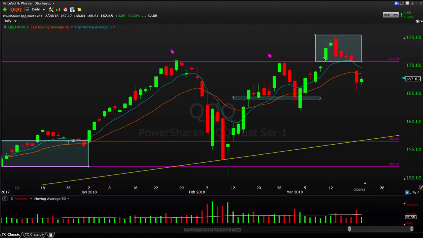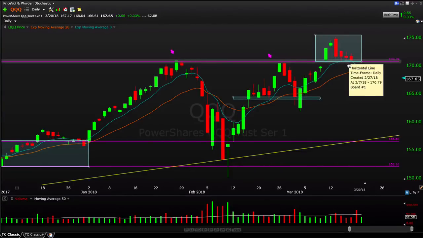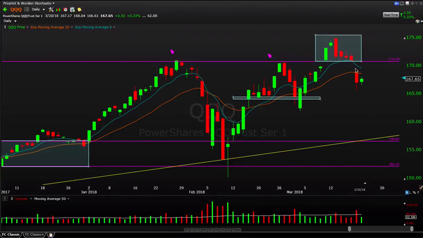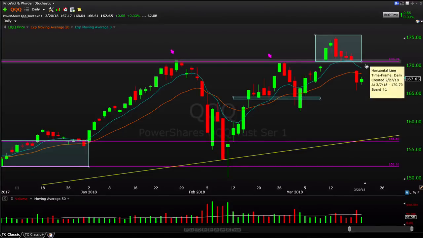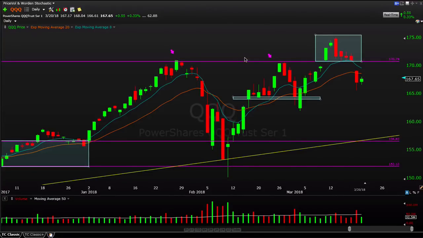So everybody who transacted at these highs north of 171 is now underwater and had no real chance to sell out of these positions at break even or intraday. They got stuck up here on this island, and these can create some powerful reversals depending on where they are. In this case, this is at a pretty significant spot, given it was a breakout to new highs, and now we've formed an island top.